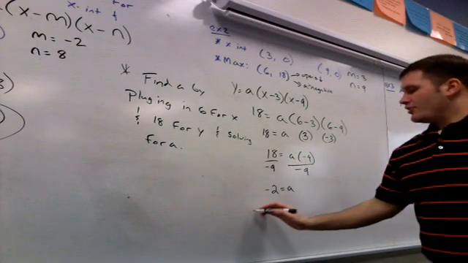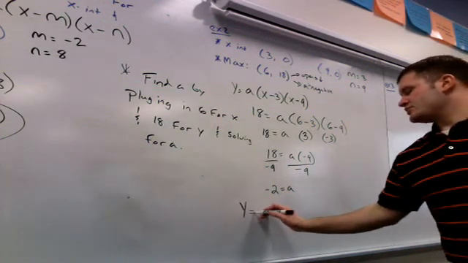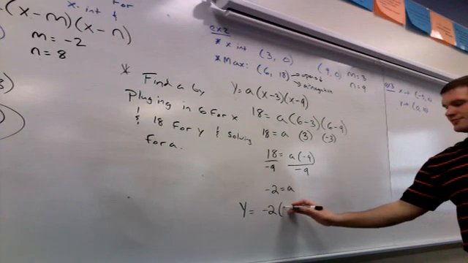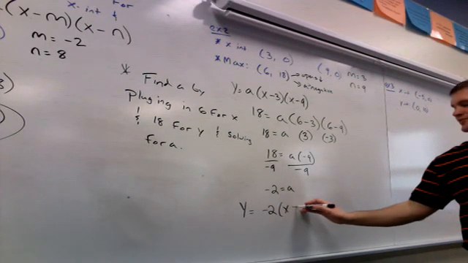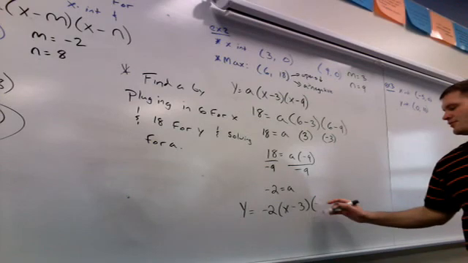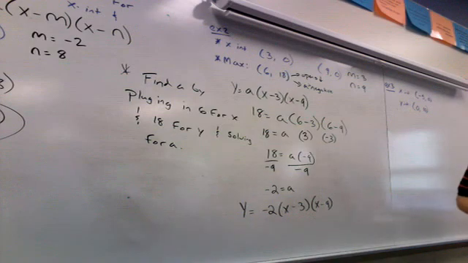So our equation then, with A being -2, is y equals -2 times x minus 3 times x minus 9. Austin, you need a drink? No? Okay. So y equals -2 times x minus 3 times x minus 9.